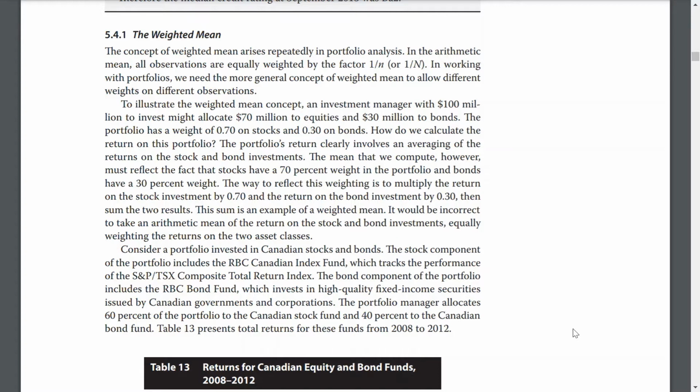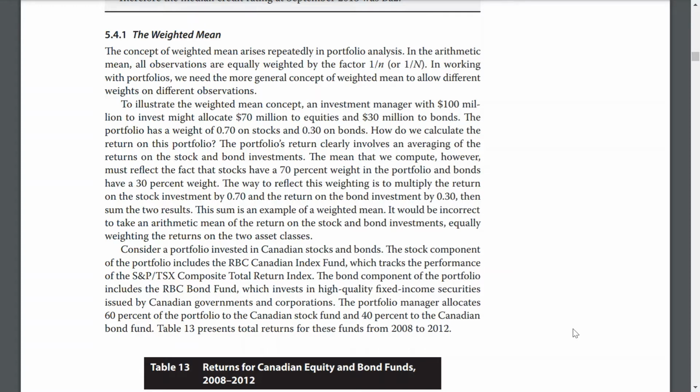Consider a portfolio invested in Canadian stocks and bonds. The stock component of the portfolio includes Royal Bank of Canada, RBC, Canadian index funds, which track the performance of the S&P/TSX composite total return index.